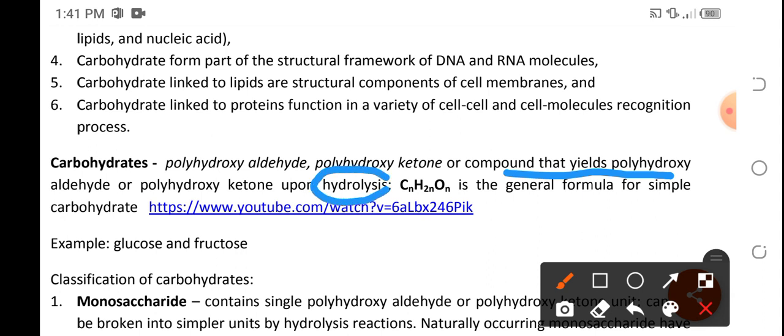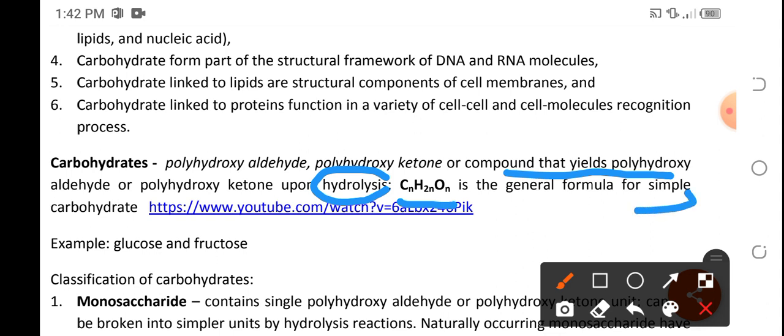And it will have a general formula of CnH2nOn. Okay? So this is only for simple carbohydrates.